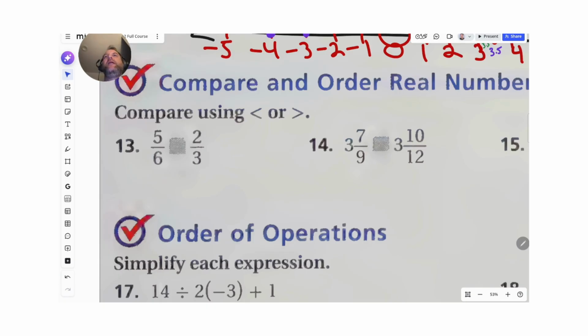So when we're comparing our fractions here, we want to use a common denominator. In this case, it would be 6. We are looking at our multiples of 6 to see if 3 will go. Yeah, 3 will go into the first multiple of 6 there. So let's use our common denominator of 6.